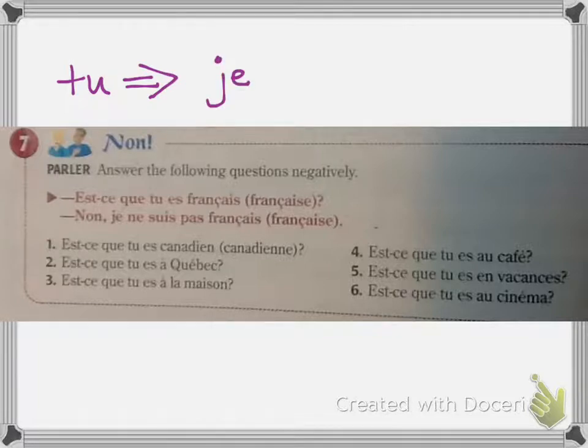These all use a. So your verb is always going to be suis. And they're all negative. So I'm going to have a ne and a pas around my verb suis. So again, I'd like you to answer these out loud, and then you can listen for my response.